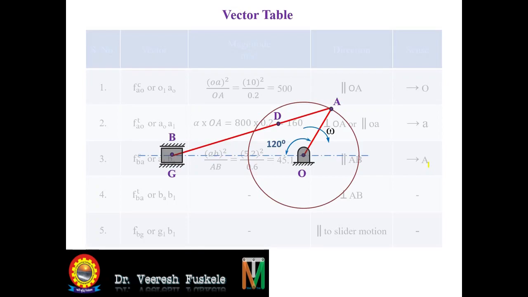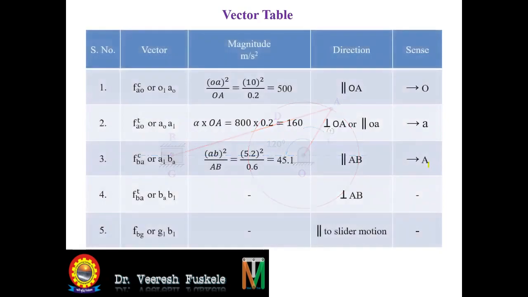Next, we'll calculate the centripetal component of acceleration of B relative to A. This will be represented by A1 BA. It will be equal to omega of AB squared times the length, where omega AB will be calculated from the velocity diagram. So it is 5.2 square upon 0.6, this will give us 45.1 meter per second square.